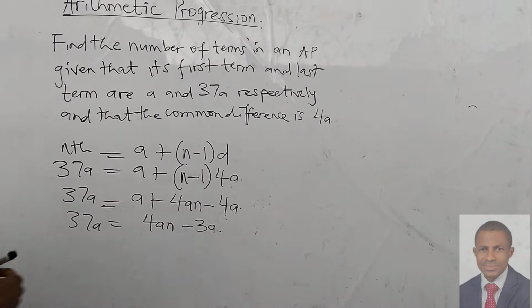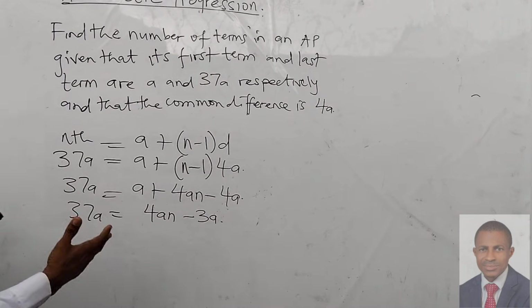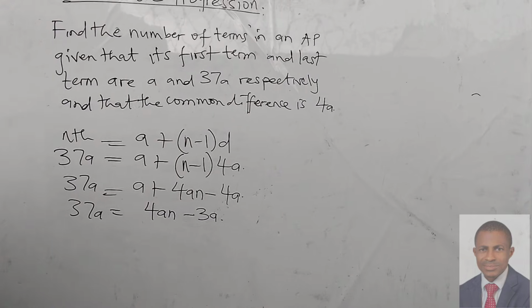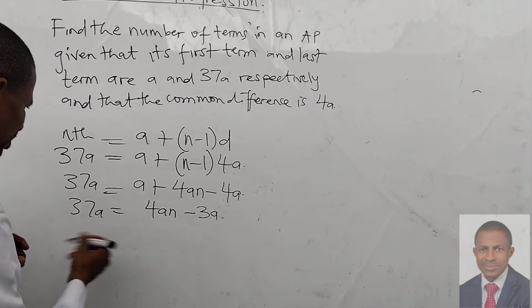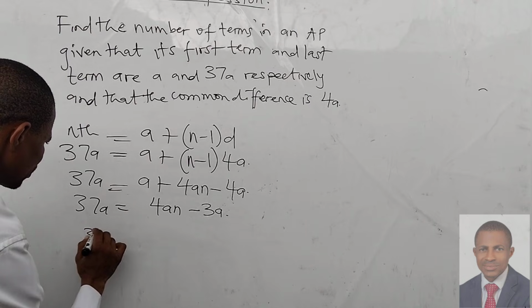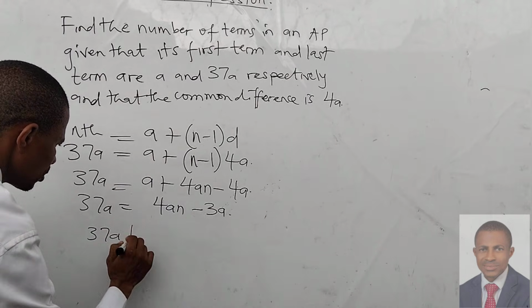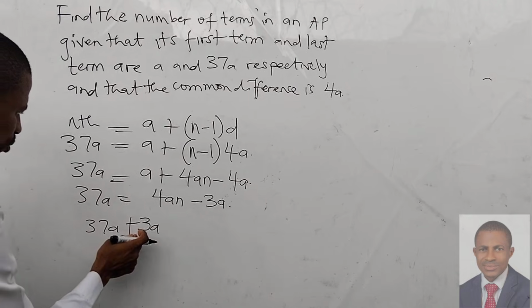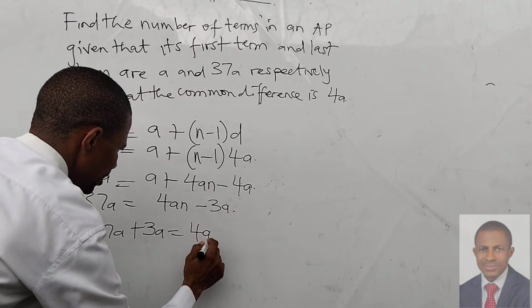So we collect like terms. All the a's, we can bring them together. We can say 37a, we bring the minus 3a across to be plus 3a, equals 4an.